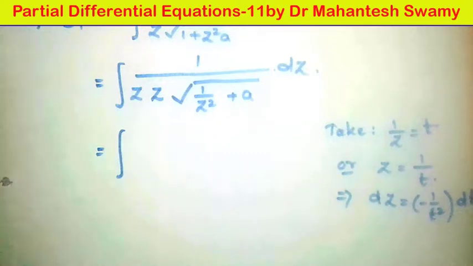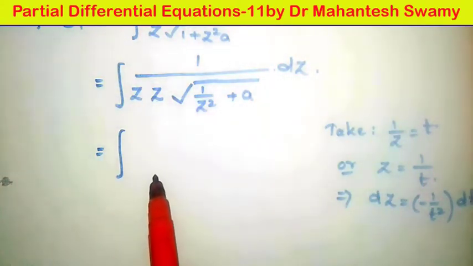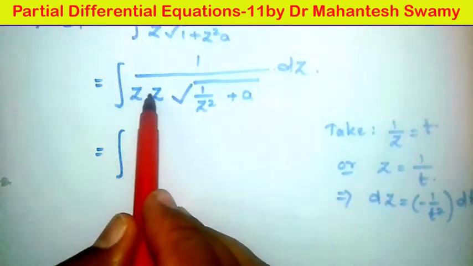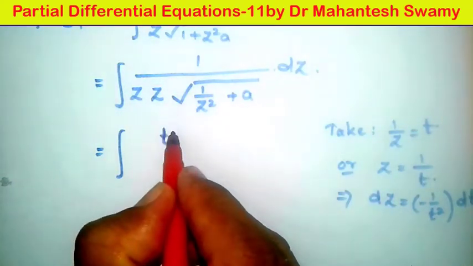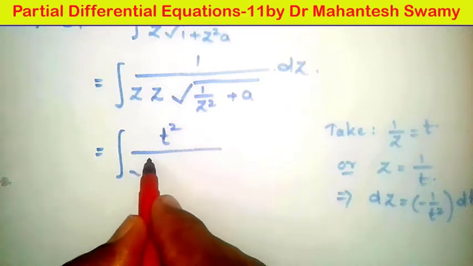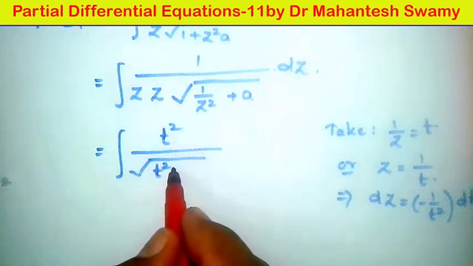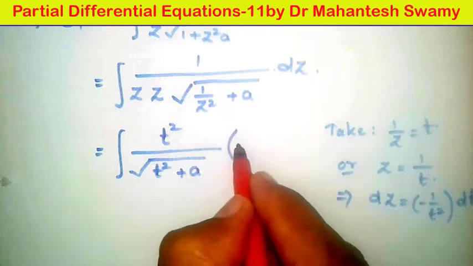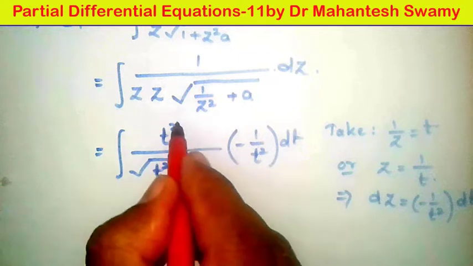So this is the substitution which we are going to substitute here, and now what we are observing with this substitution, what happens to this integral? 1 by z into z, 1 by z square, 1 by z square means t square in the numerator, divided by square root of 1 by z square, which is nothing but t square in the square root, plus a as it is, and here in place of dz it is minus 1 by t square dt, and this t square cancels.